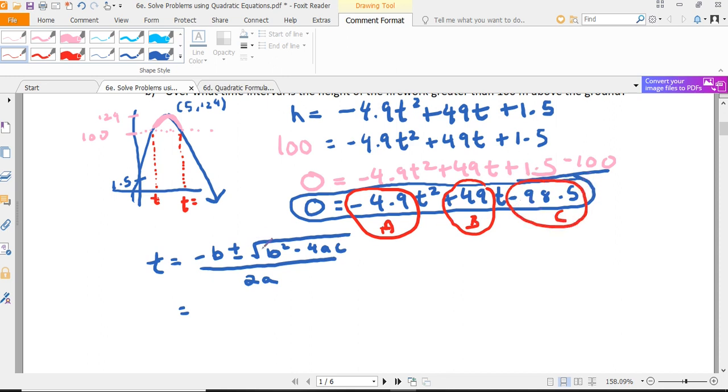Okay? So negative b would be negative 49, plus or minus, b was 49, 49 squared minus 4 times a, which is negative 4.9, and my c value is negative 98.5.